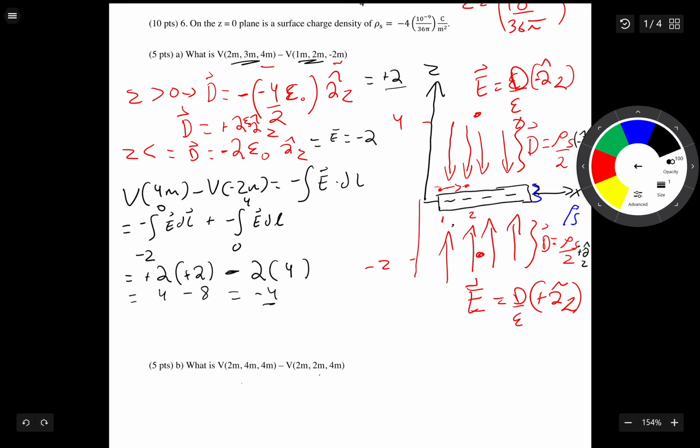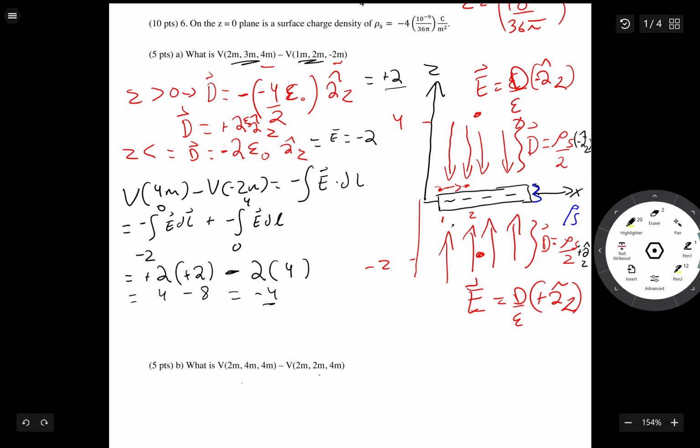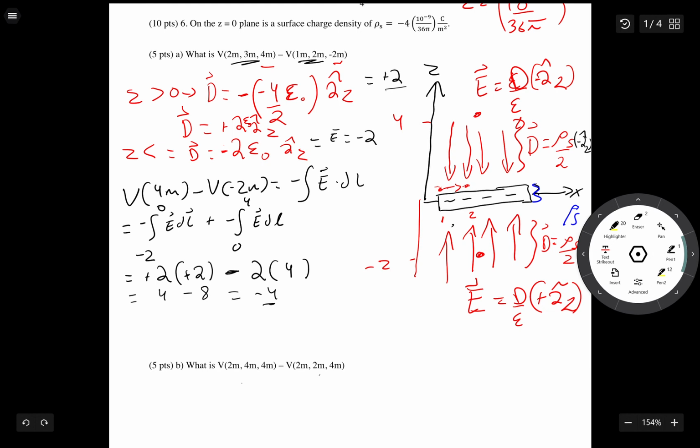So let's look at where I made the mistake. My D over here, on the positive z side, I had D equals rho s over 2 in the a sub z direction. We had the negative a sub z direction, so this was negative a sub z direction. Okay, yeah.